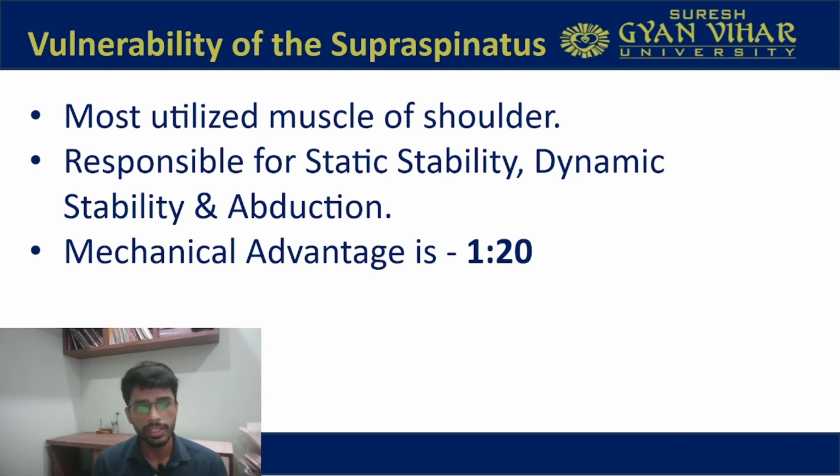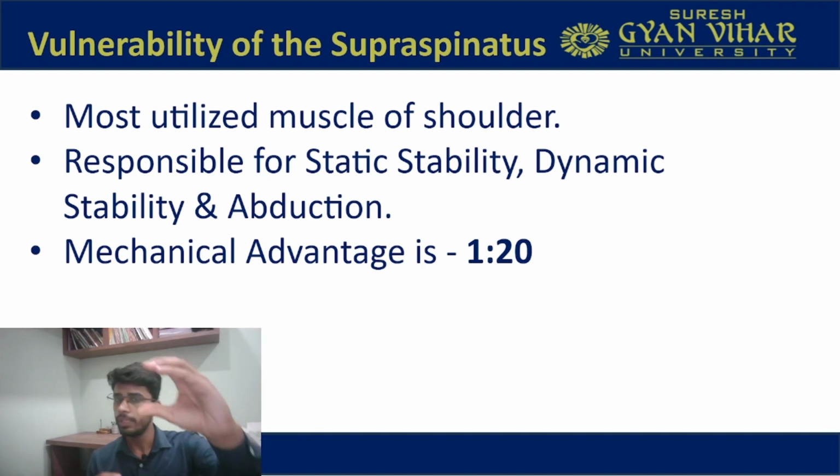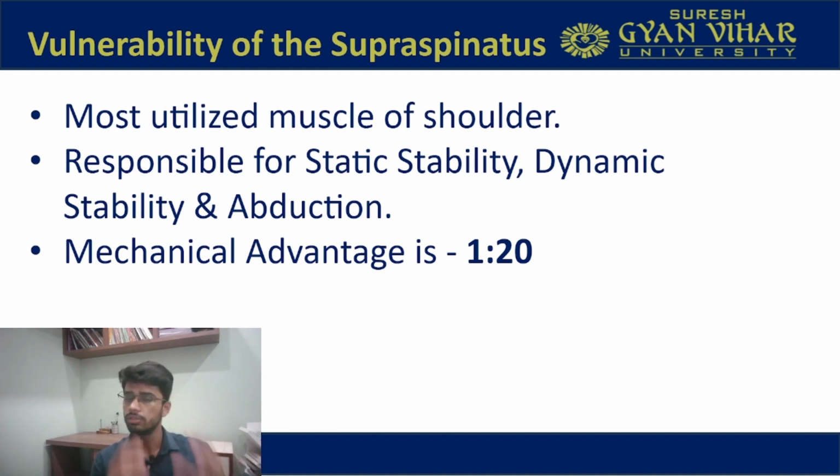Also, when we were discussing the lever, I told you the concept of mechanical advantage. The formula is internal moment arm upon external moment arm, or the external torque upon the internal torque. For the supraspinatus muscle, it is 1/20, which means that for lifting 1 kg of force, the supraspinatus muscle has to produce 20 kgs of force, because there is a mechanical disadvantage of 20.